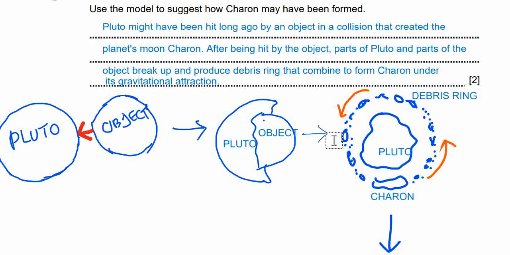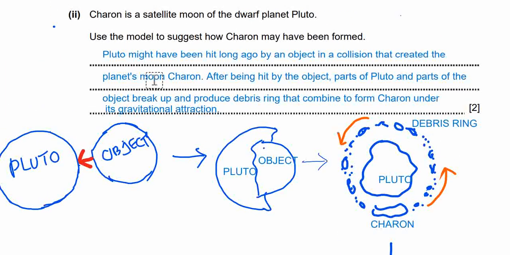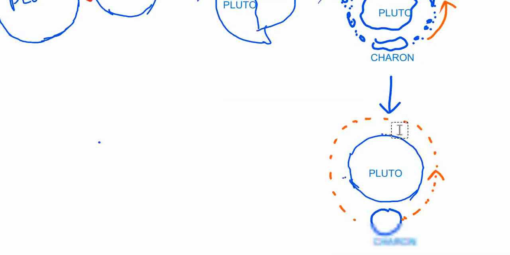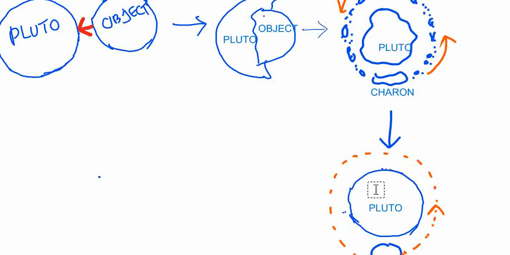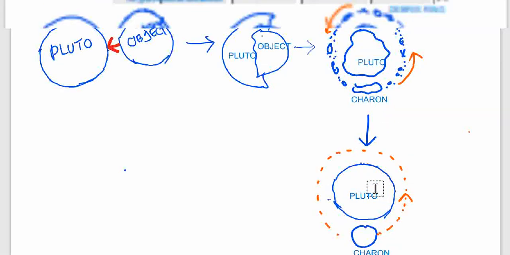So this is the diagram, and we write down: Pluto might have been hit long ago by an object in a collision that created planets, moons, Charon. After being hit by the object, parts of Pluto and parts of the object broke up and produced a debris ring here that combined to form Charon under its gravitational attraction. So the debris combined to form Charon. Right, let's move on to the next question.